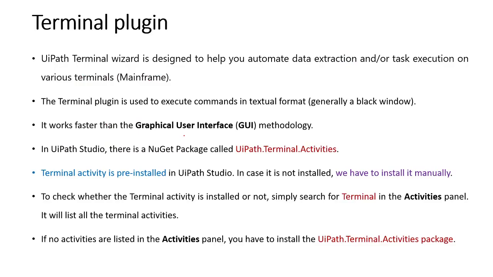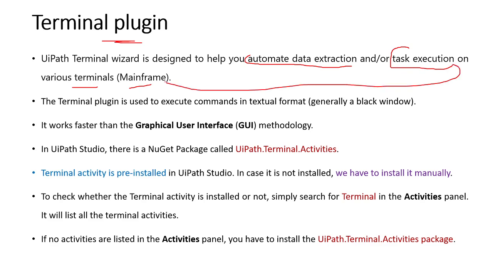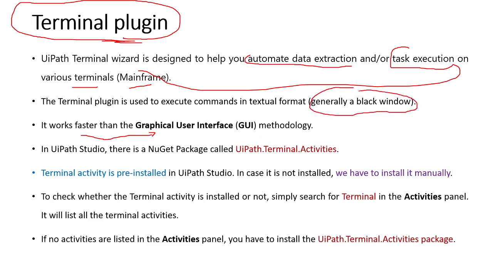As I said in the last class, you go for the terminal plugin when you want to extract data automatically from various terminals, for example mainframes, or if you want to run a process on mainframes. We learned that it works faster compared to the graphical user interface, and usually the interaction is with a black window.